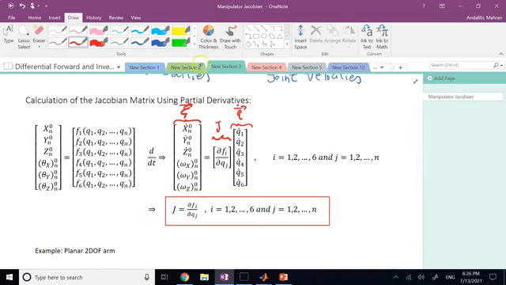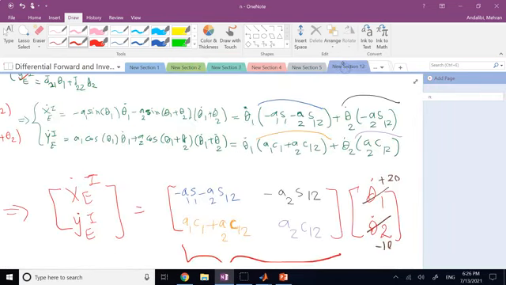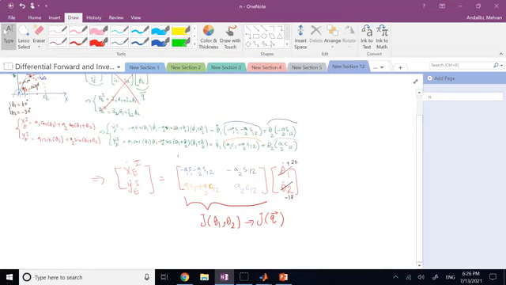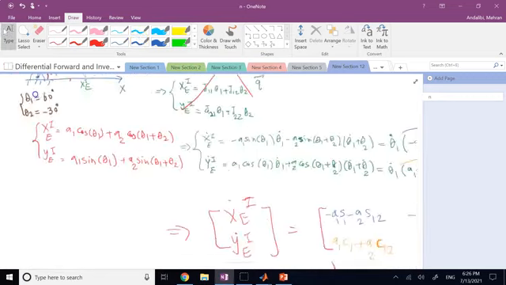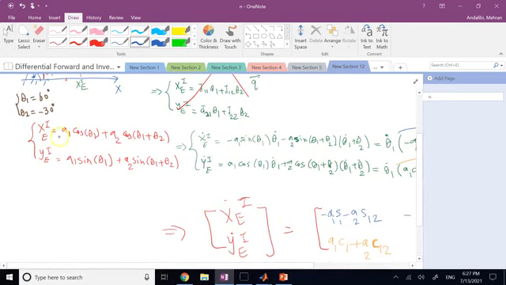So let's say if we go back to the case of that 2DOF planar arm, if you see here, this x is a function of the two angles, so I can call this f1 of theta 1 and theta 2, and the next variable of the end effector y is also another function of theta 1 and theta 2.